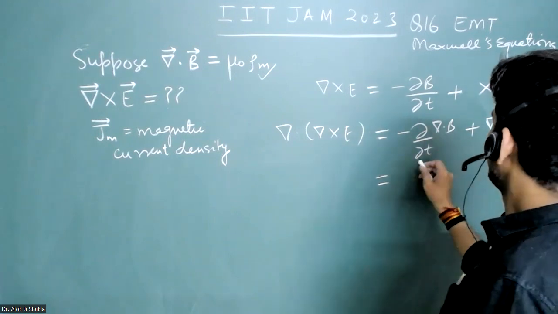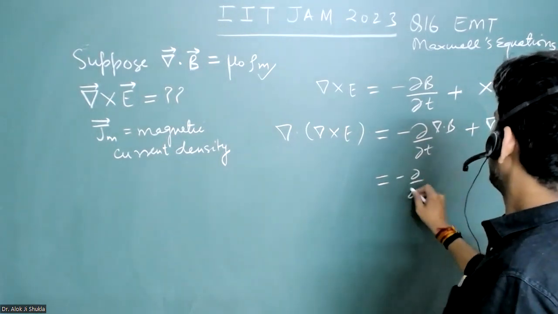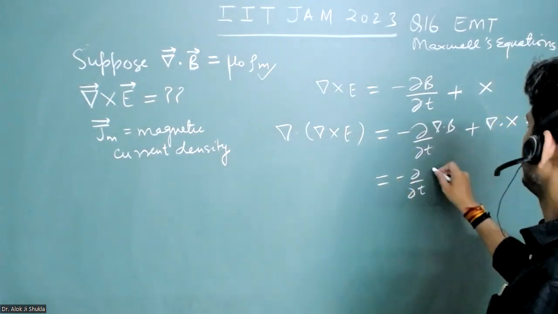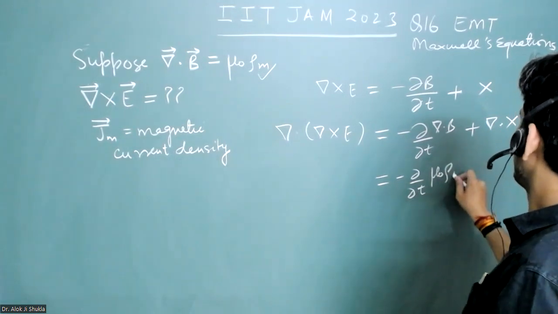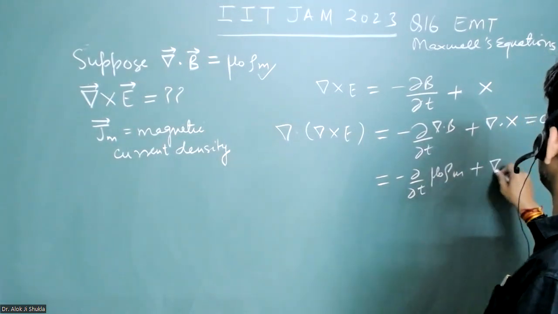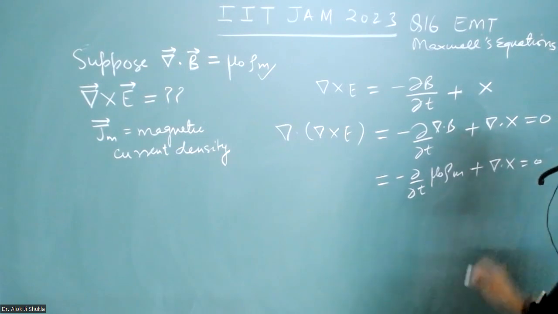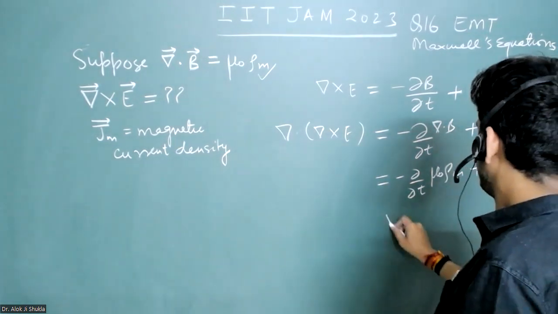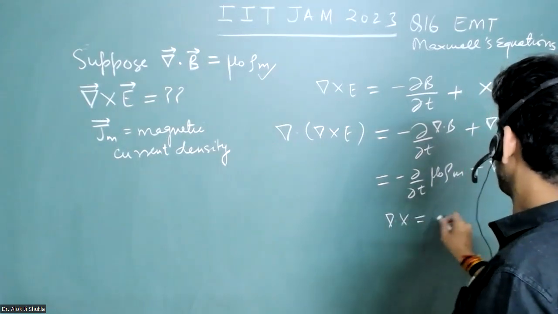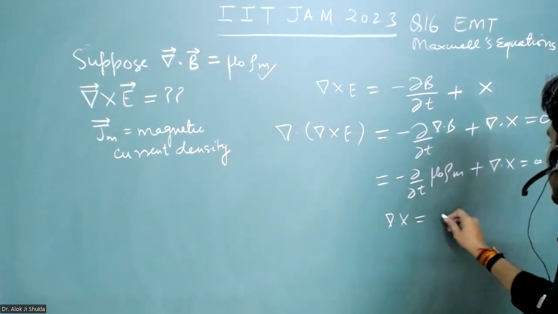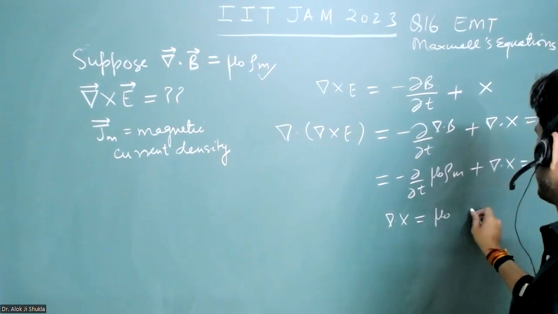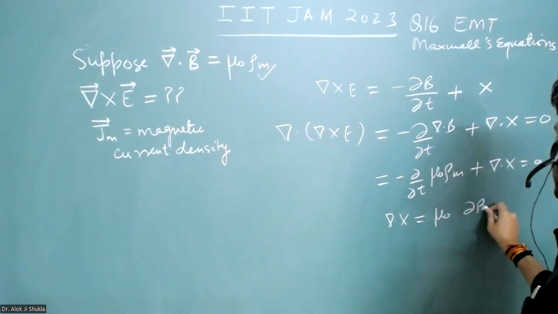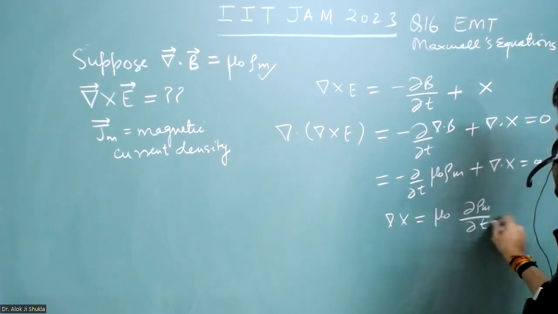And this is equal to minus del by del T of, what is del dot B? It is given to be mu naught rho m, plus del dot x is equal to 0. And this is, del dot x is equal to mu naught del rho m by del T.